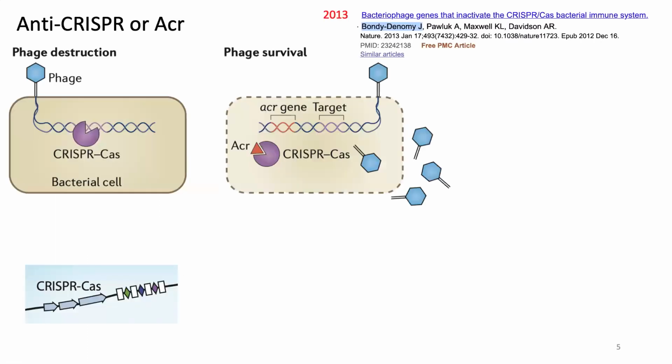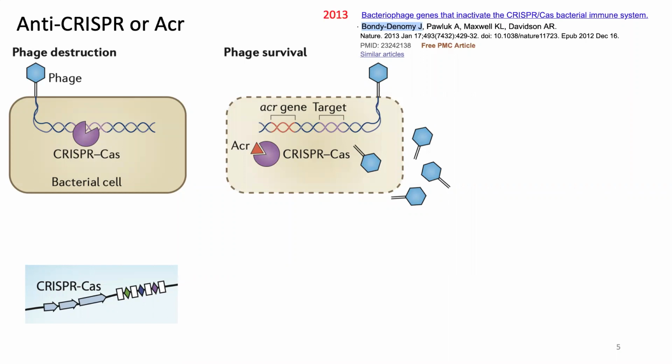So what are anti-CRISPRs? The first anti-CRISPR protein was discovered by Bondy-Denomy and Davidson in 2013 in some phage genomes which have anti-CRISPR-Cas functions. As shown in the left figure, Cas enzyme of bacteria can make the cut in the phage DNA guided by CRISPR RNA.